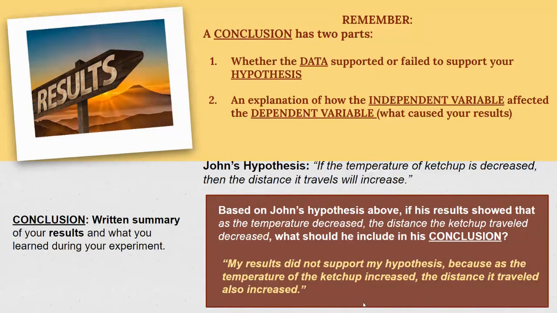You will be writing this down on your paper. So he would say something like, my results did not support my hypothesis because as the temperature of ketchup increased, the distance it traveled also increased.